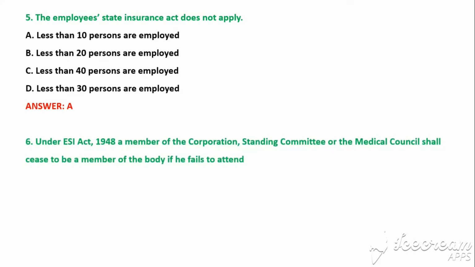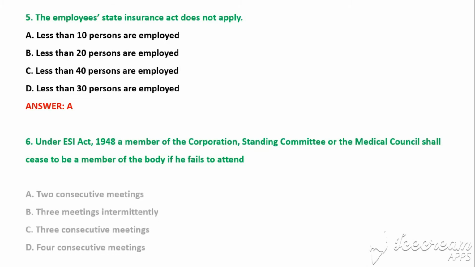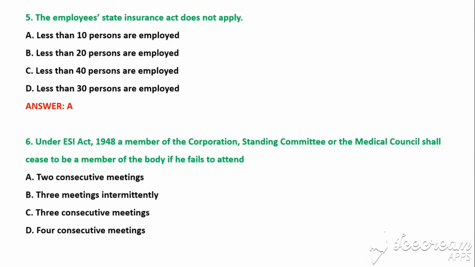The sixth question is, under the ESI Act 1948, a member of the corporation, standing committee or the medical council shall cease to be a member of the body if he fails to attend what? There are four options. First one, 2 consecutive meetings. Then 3 meetings intermittently. Then 3 consecutive meetings.